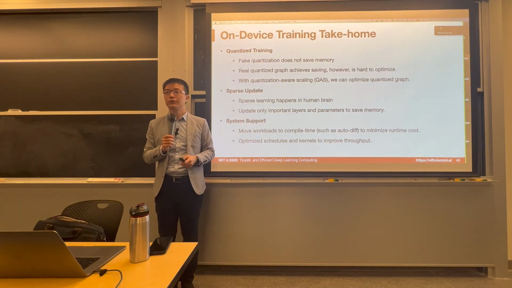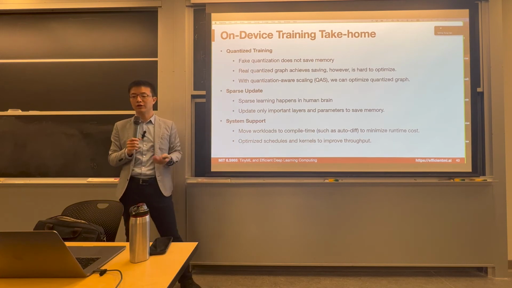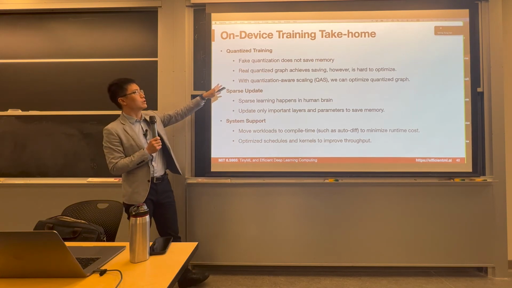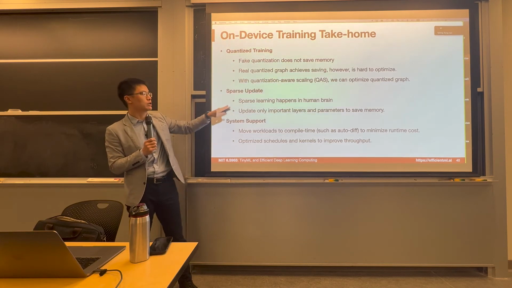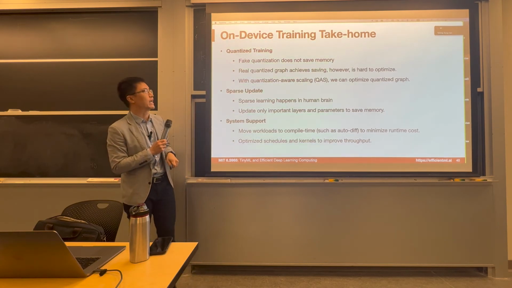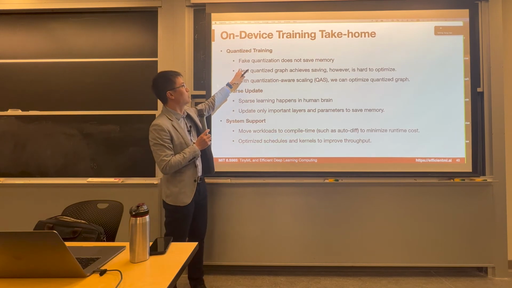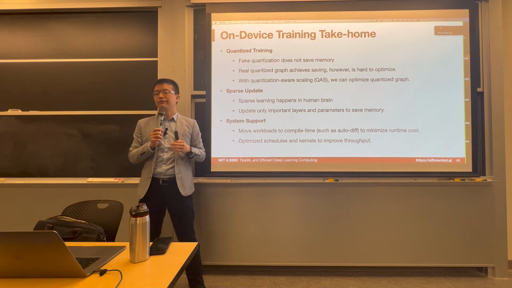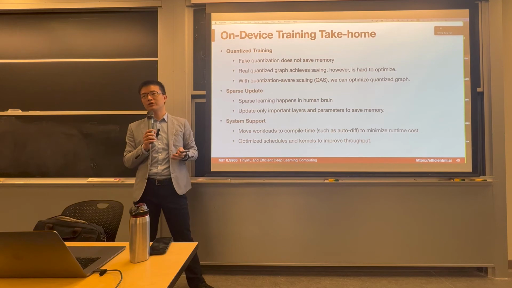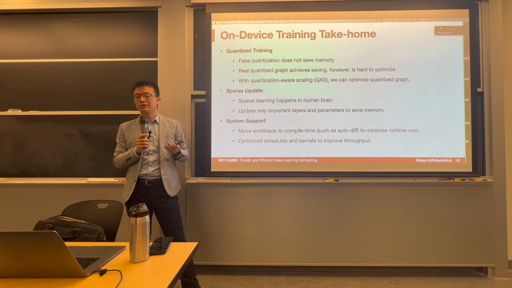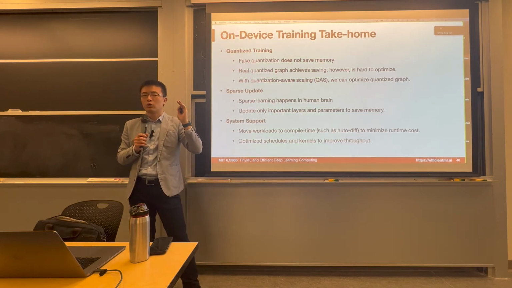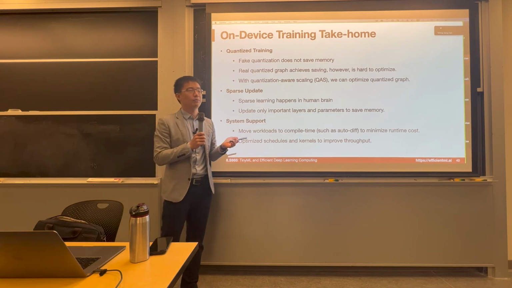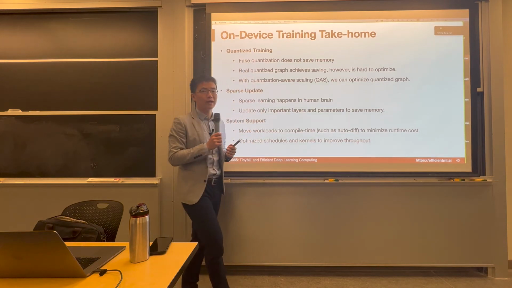All right, so this is a summary of the take-home for on-device training, where there are 3 components: quantization, sparse update, and system support, the Tiny Training Engine. On the quantization part, we mentioned the fake quantization has to keep the FP32 counterpart in memory, right? It is designed for quantization-aware fine-tuning, but not designed for quantized training.